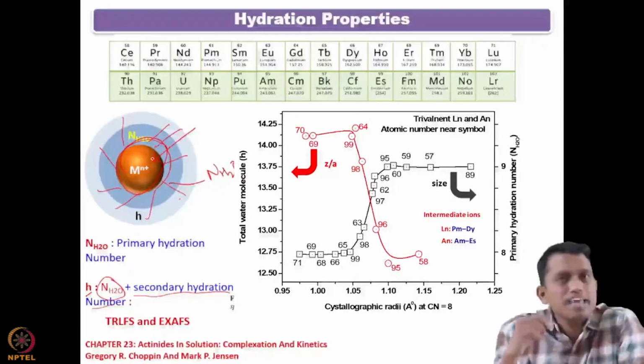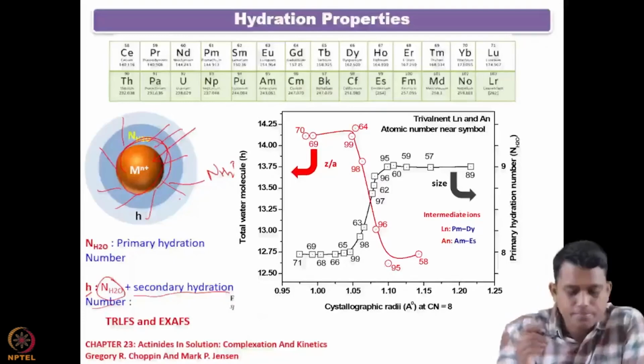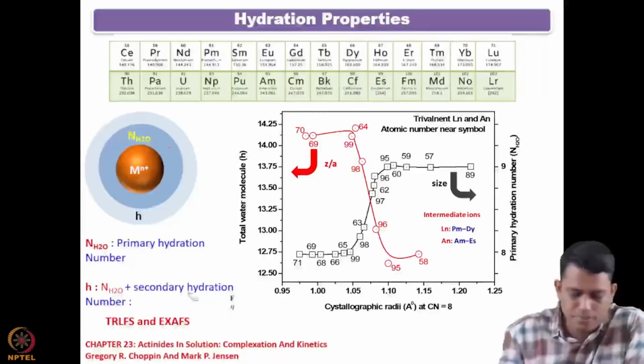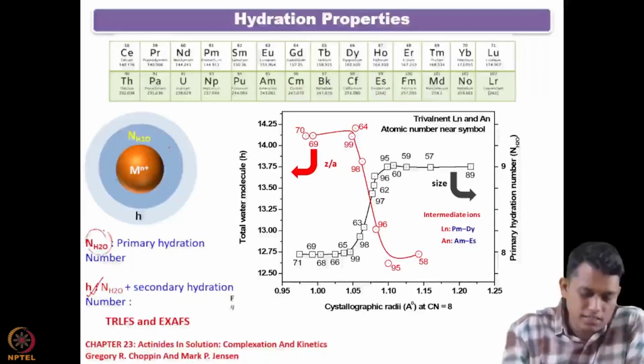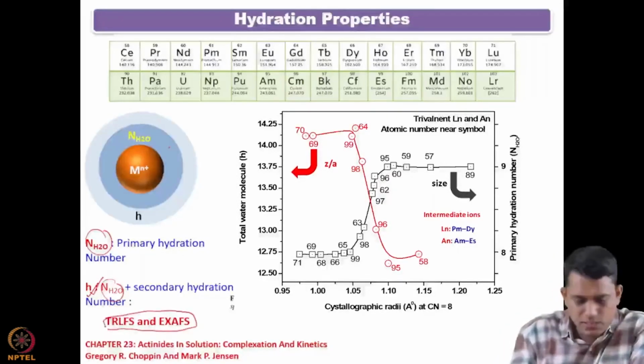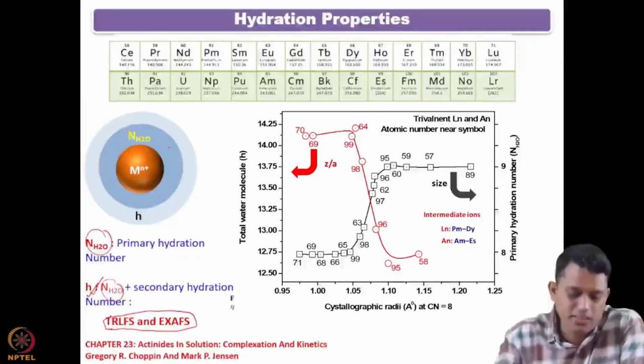So let's talk about the trivalent metal ions and what the hydration structure around the trivalent metal ion is. We need to know how many water molecules are in the primary sphere and how many in the secondary sphere. If we can get information about the total, we can get the secondary just by subtracting the primary from the total. There are two techniques generally used to get information about the primary hydration sphere, fluorescence and EXAFS.